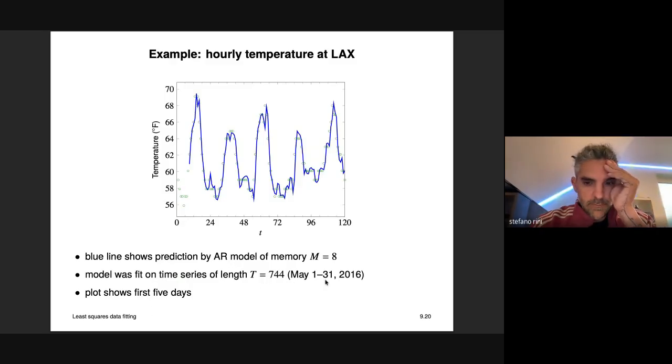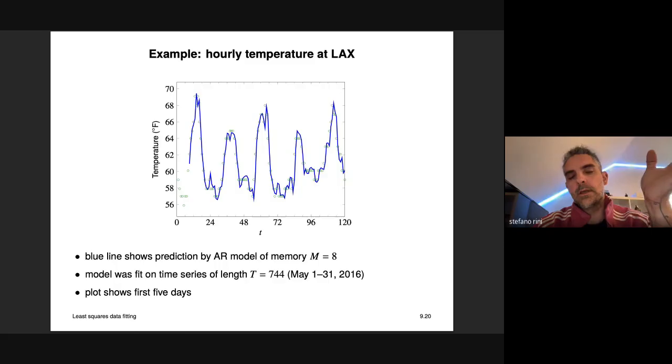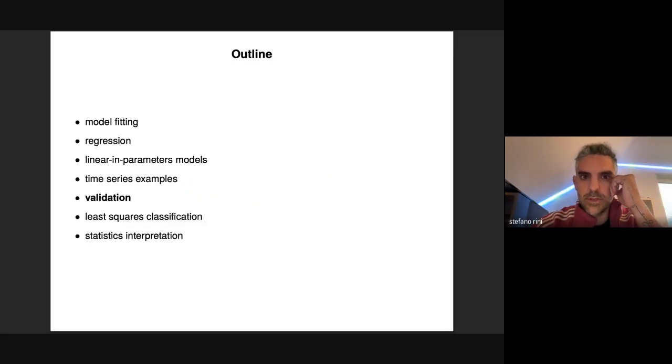And so you can feed the data, and you can see how well the autoregressive model performs, right? So the memory of the data is significant. Given the temperature in the previous 8 hours, you can quite confidently predict the temperature in the next hour, up to a certain innovation, right? And this innovation gives noise on top of the prediction based on the wind.